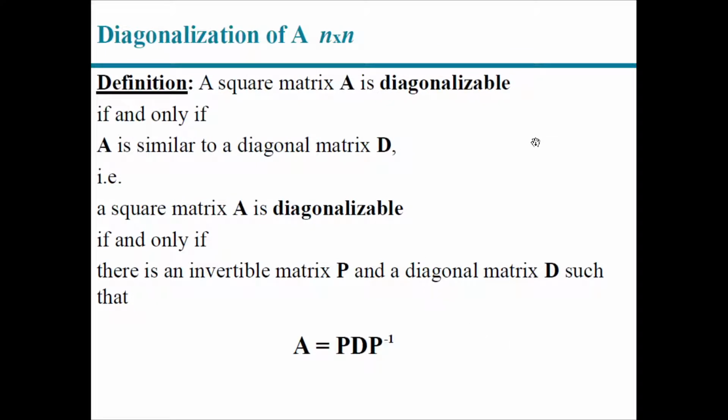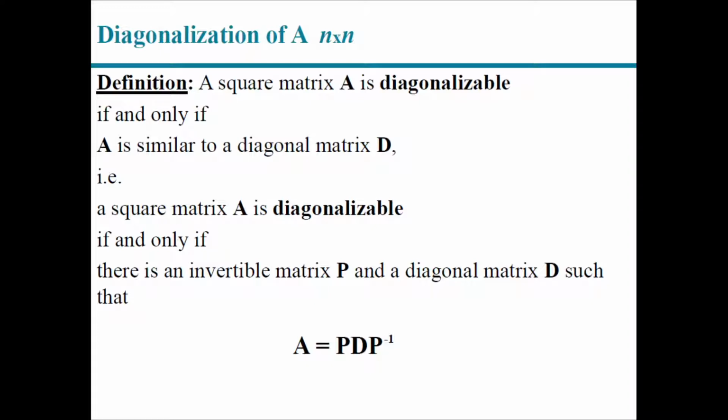So in that light, we can say that A is diagonalizable if and only if A is similar to a diagonal matrix. So when we have this relationship here, that's just a definition. We need to have an invertible matrix P and a diagonal matrix D such that this relationship is true. Now, good news for us, we are going to build D, a diagonal matrix that will contain all the eigenvalues.